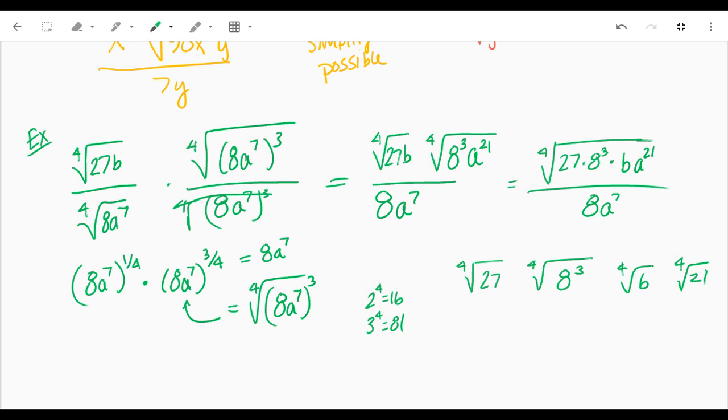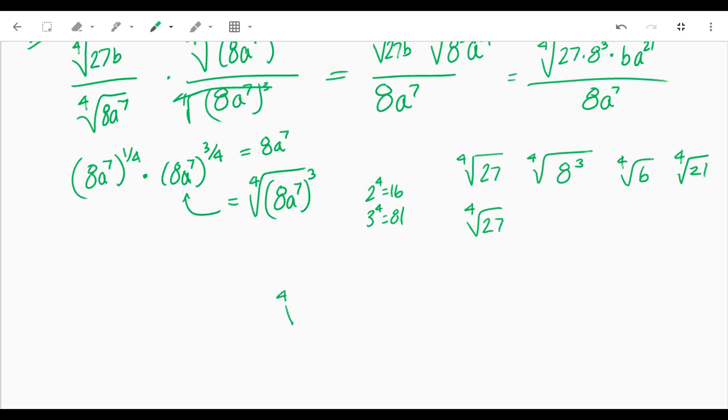So there are no perfect fourth powers that go into 27. Now we're going to tackle the 8 cubed, because it's going to get tough. The fourth root of 8 cubed is the fourth root of 8 times 8 times 8. We can get a 16 out of there. We can write that as the fourth root of 8 times 2 times 2.